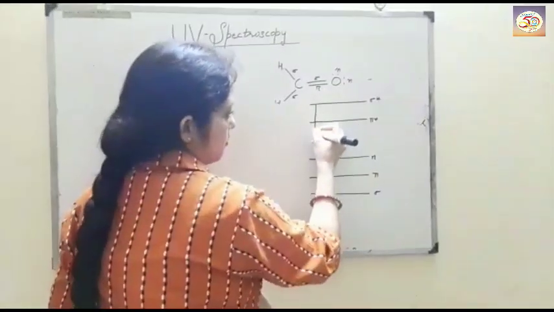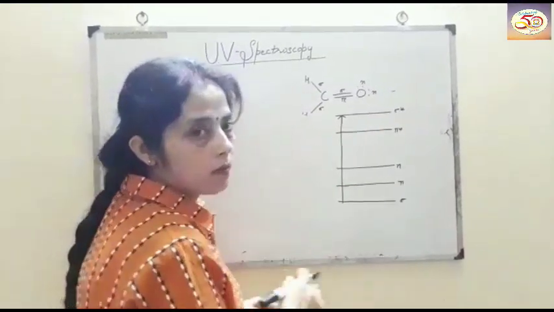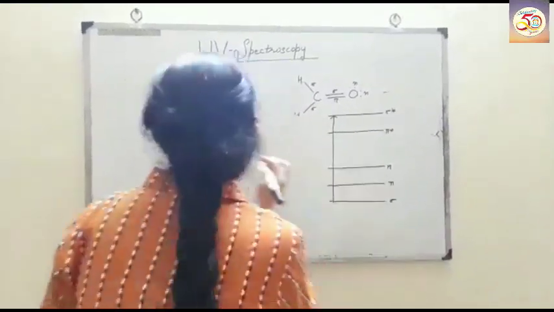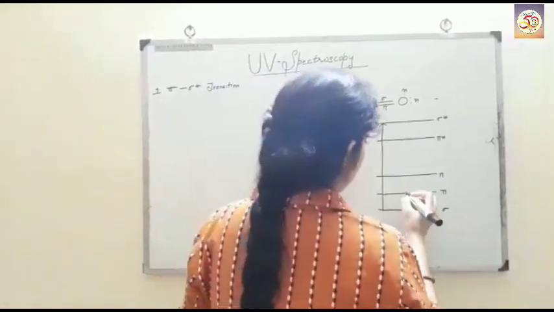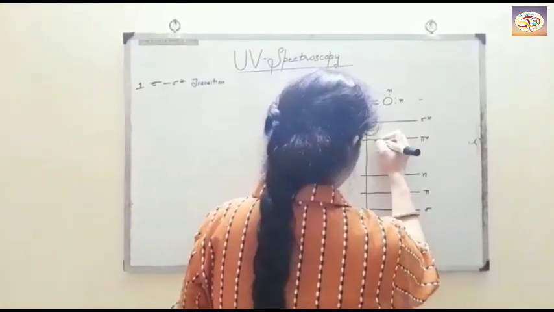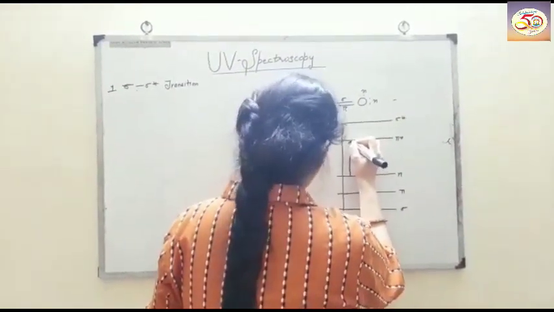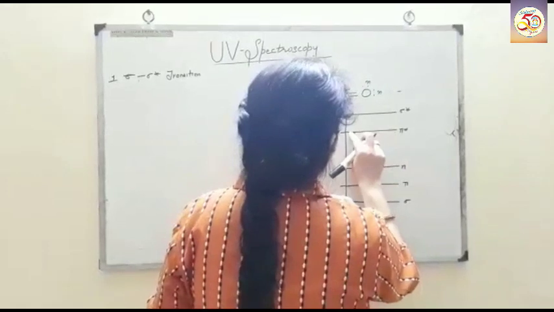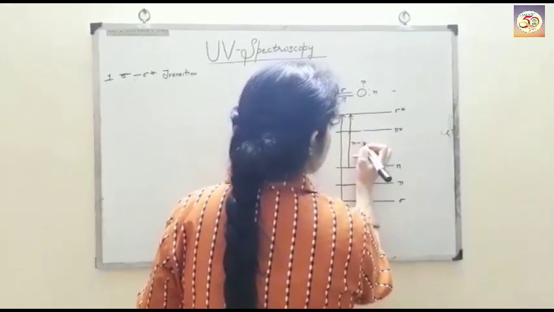The first transition, which is of the highest energy, is the sigma to sigma star transition. The second transition, which is of lesser energy, is n to sigma star.